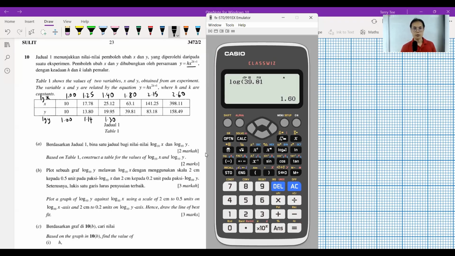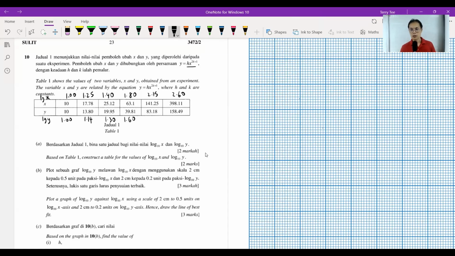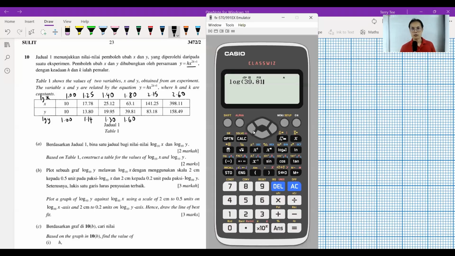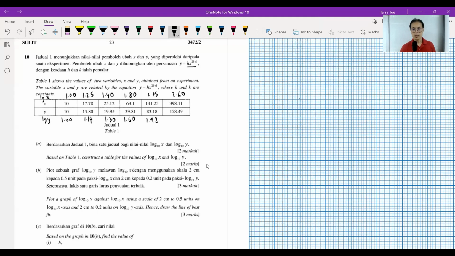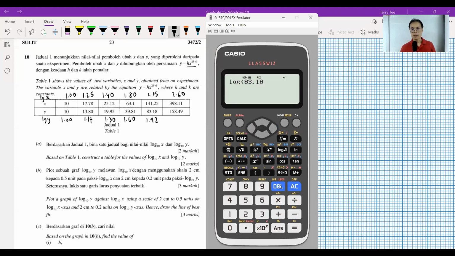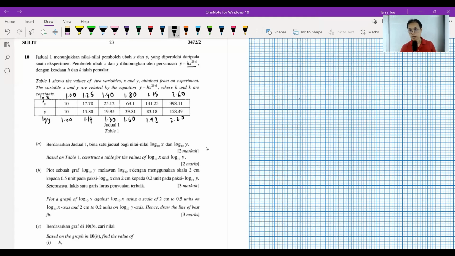This will be 1.6. Next, log 83.18, 1.92, and next 158.49. Okay, 2.20. So my calculation is done.